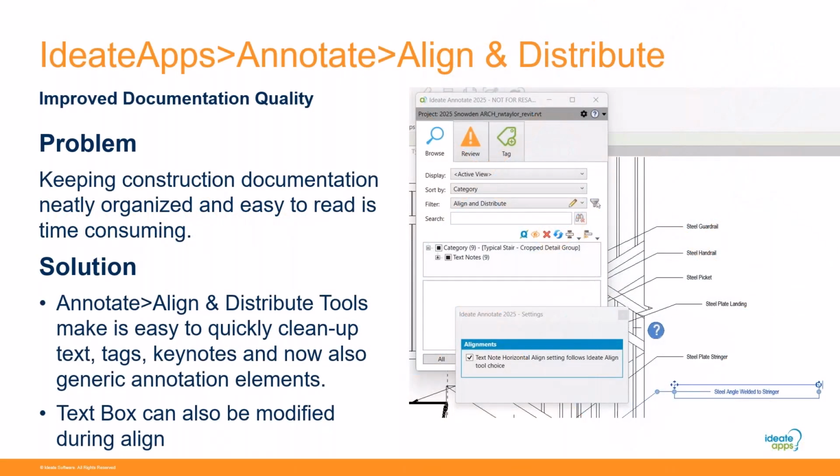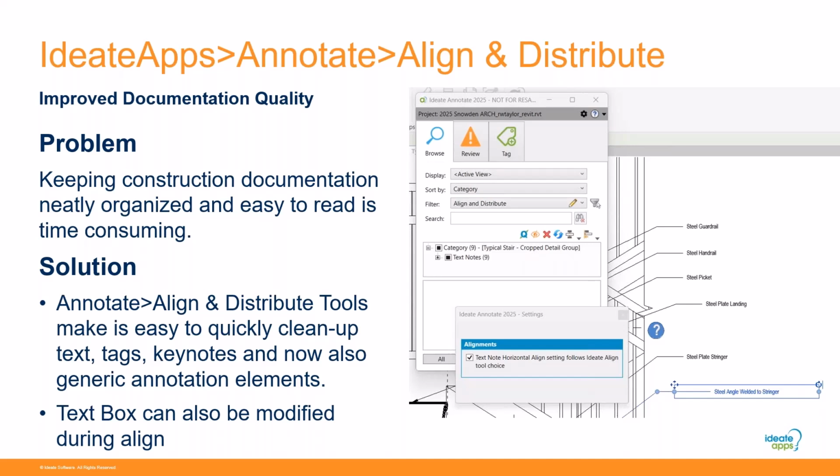We've done a lot of work in this particular release with our sheet and view tools, as well as Ideate Annotate. Ideate Annotate allows you to review all 2D annotation and see if there are clashes between, let's say, your tags and your dimensions, as an example, and then flag that so that you can fix it. It can also do intelligent tagging. So instead of saying I want to tag every room in my project, I actually want to only tag rooms that are over 700 square feet, and I want to tag those rooms with a different room tag because they're larger.